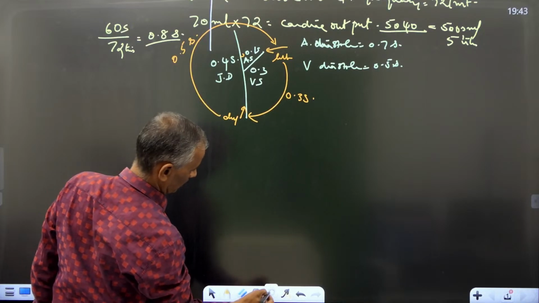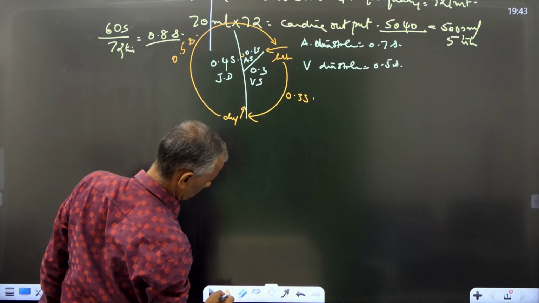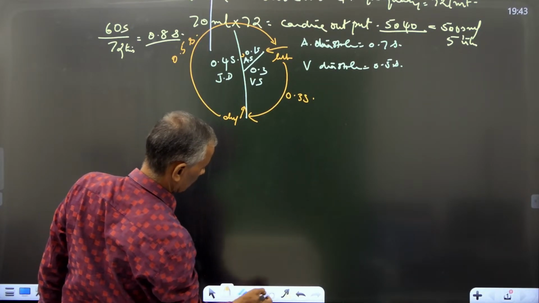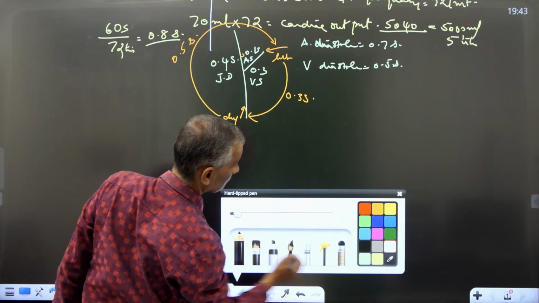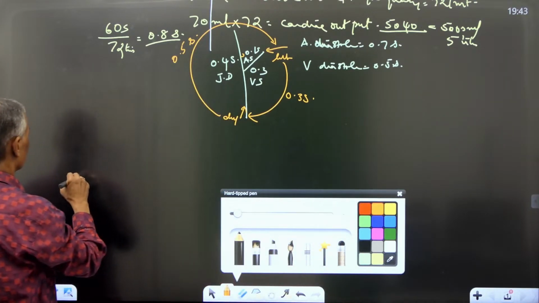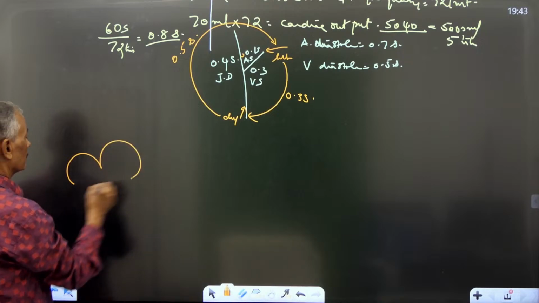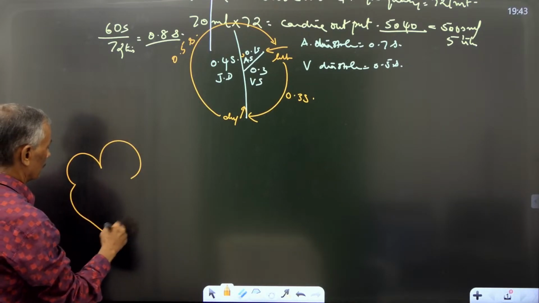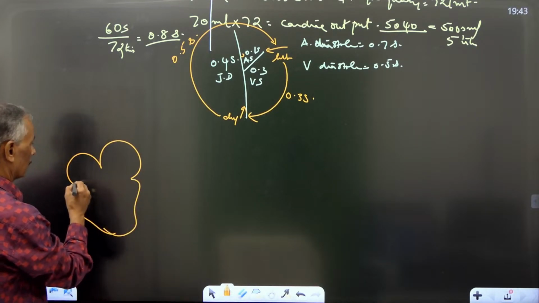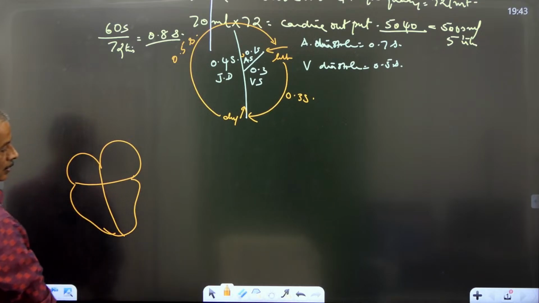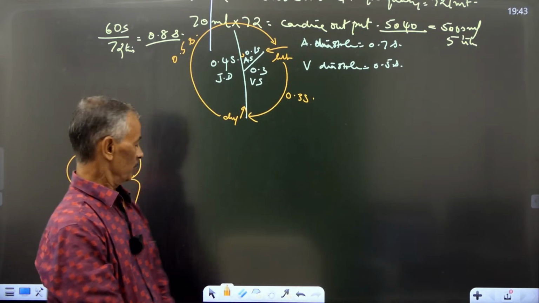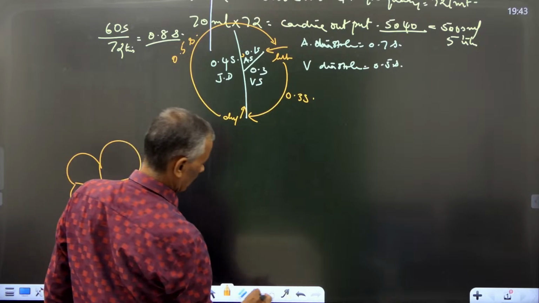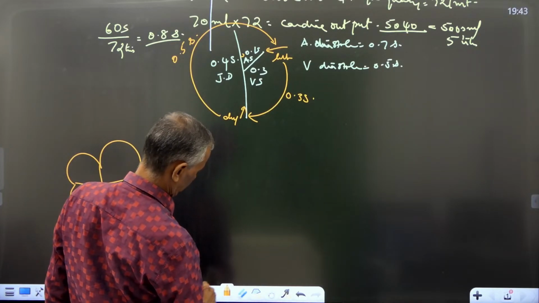See, I will be drawing a new diagram for you. In our case, our heart is a double heart.